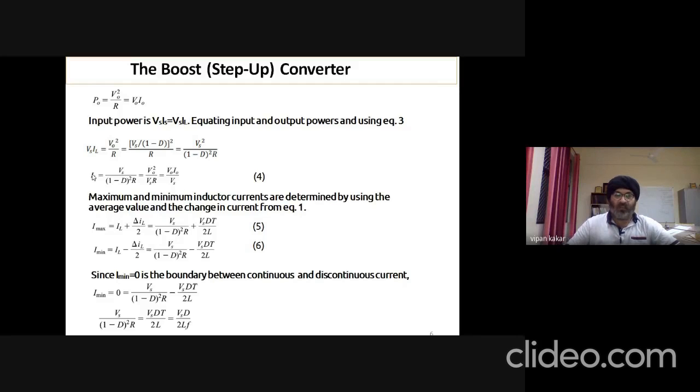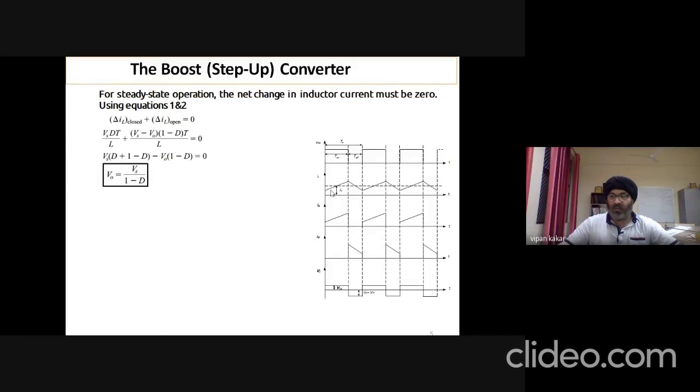So now to find the maximum value of that inductor current, it is IL, from equation 4, plus change in inductor current divided by 2. Because this change in current, we need to find this average.